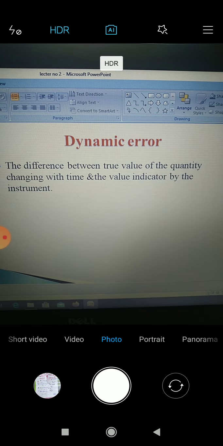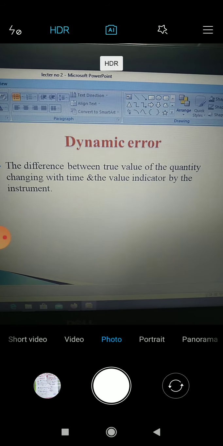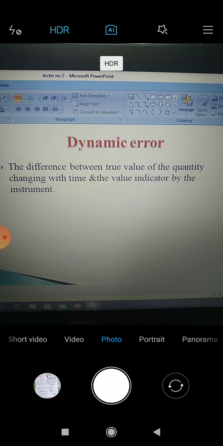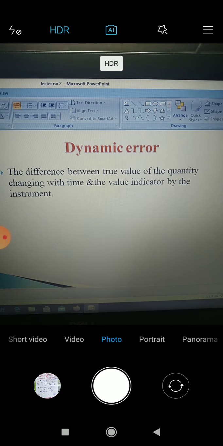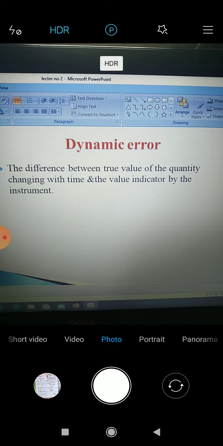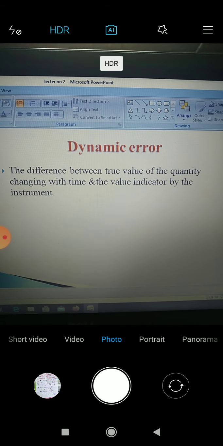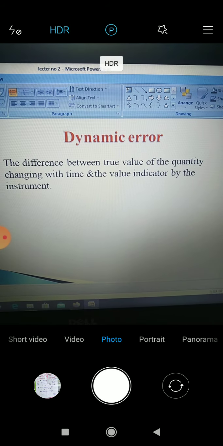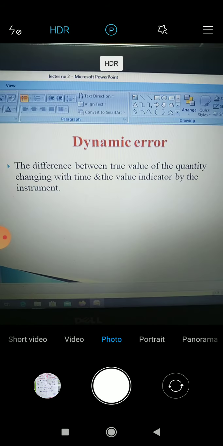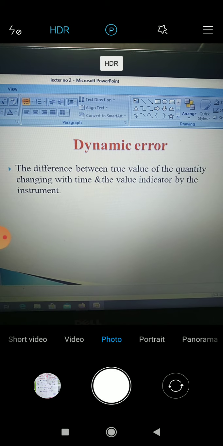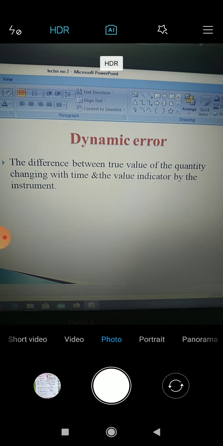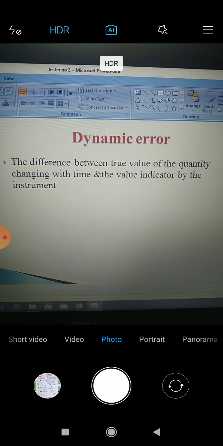These errors occur due to poor response time, poor fidelity, and the retardation and lag of the instrument while the quantity changes with time. These errors can be reduced by taking readings carefully and following the proper procedure for the instrument. So in all the errors, you should know the proper procedure and proper adjustment of the instrument, proper skills are required, and you also take the reading carefully.